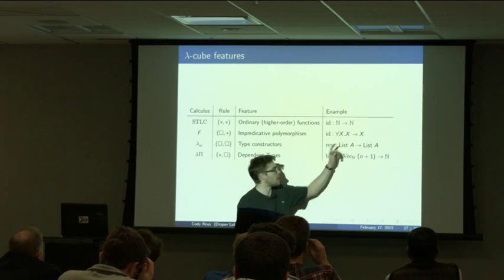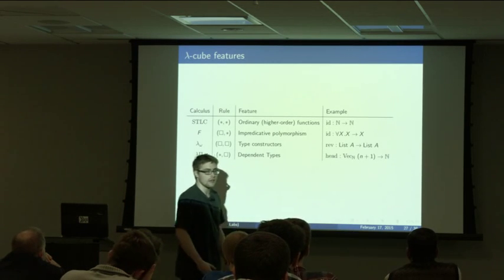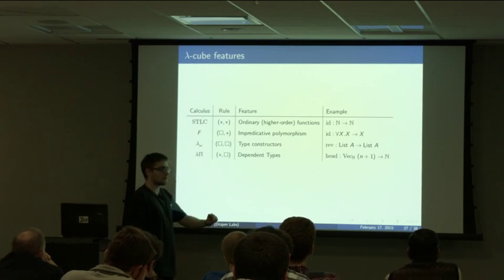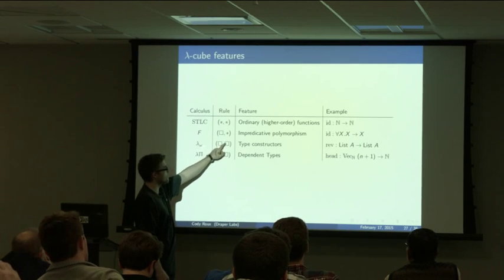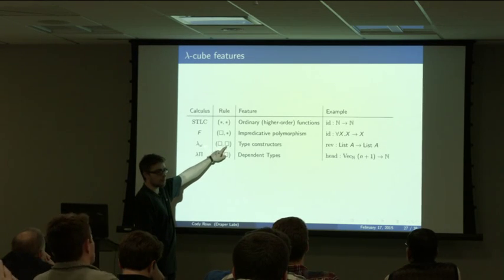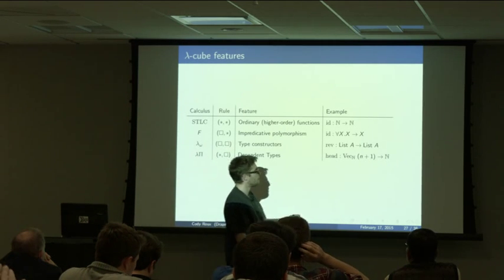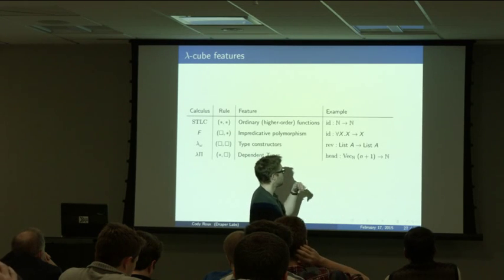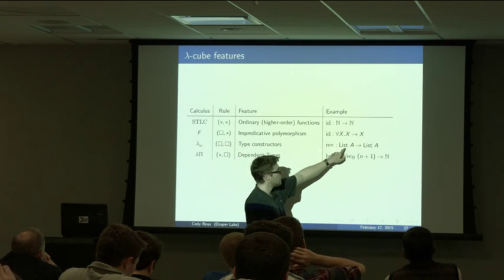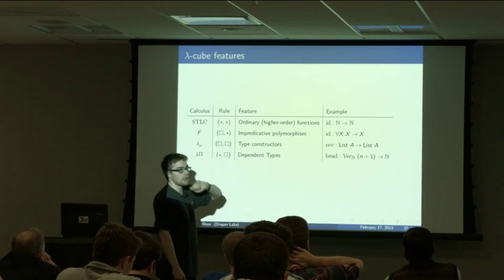It takes as input A and returns the type of lists that contain A's. Okay? So to form that constant list, you need to be able to make functions that take types as inputs and return types as outputs. And that also lives in box. So that type lives in box. So if you want type constructors, you definitely need box, box, box.